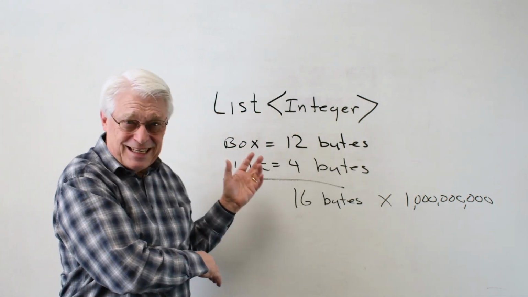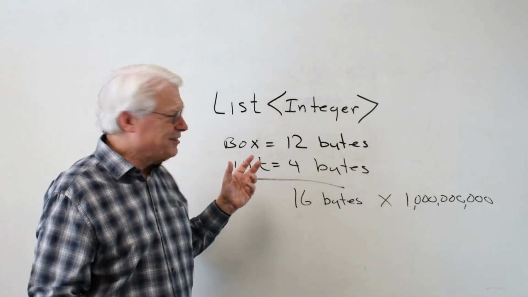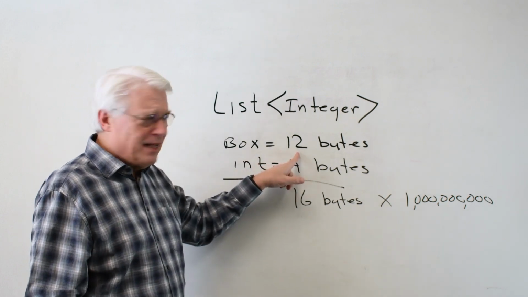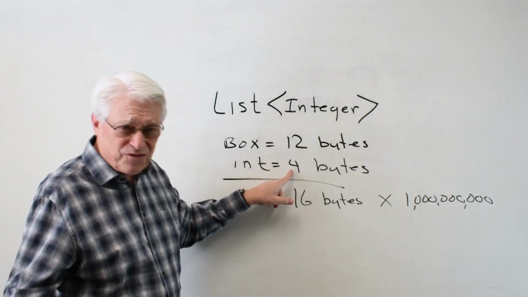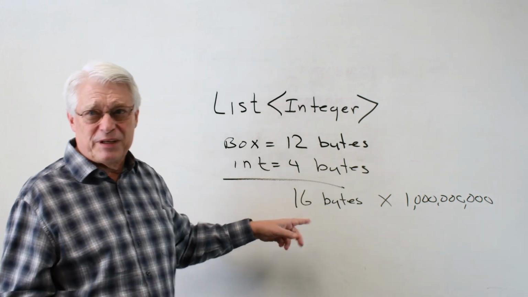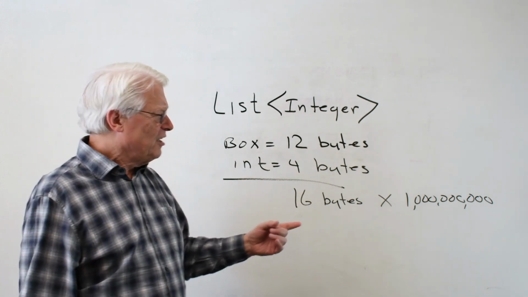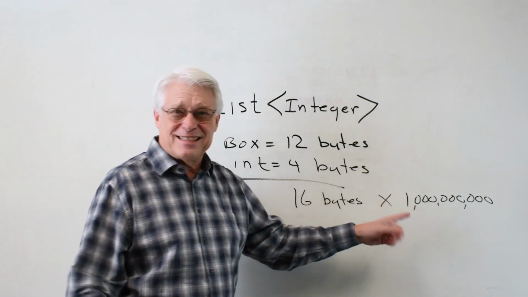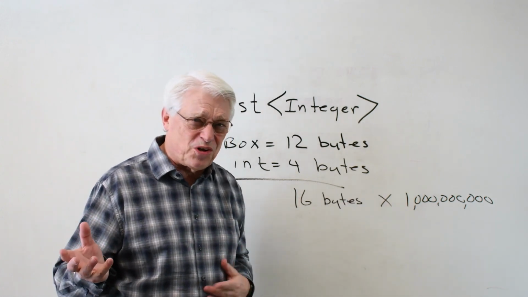So the boxes that hold the integers are like 12 bytes wide, and the integers themselves are 4 bytes, so that adds up to like 16 bytes per integer, and we need to hold a billion integers. So that's like 16 gigabytes just to hold all the primes.